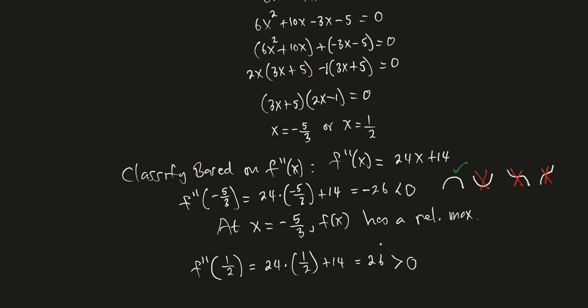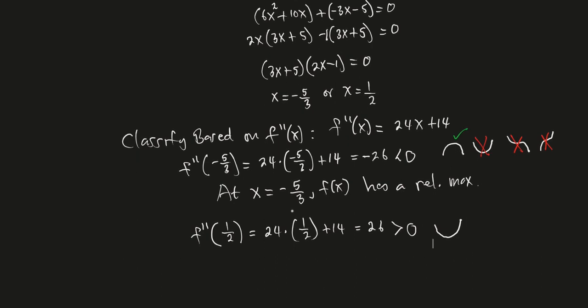So again, the only possibility is this. Oh, concave up now because we have a second derivative that's positive, and it has to be a nice smooth low point or valley because it corresponds to a stationary point. So the conclusion is at x equals 1/2, our function f of x has a relative minimum.